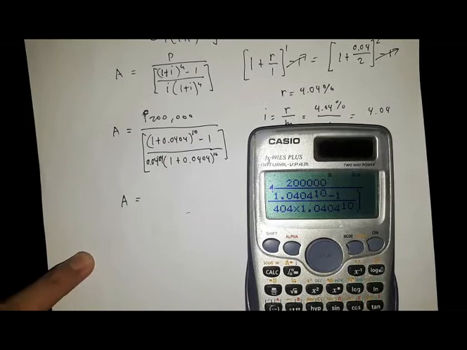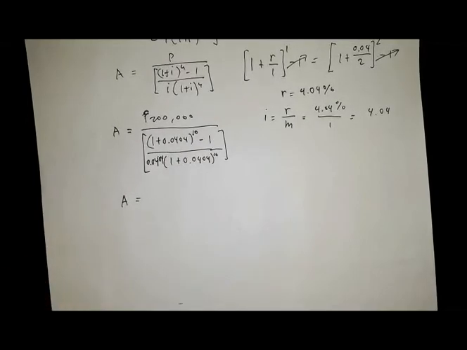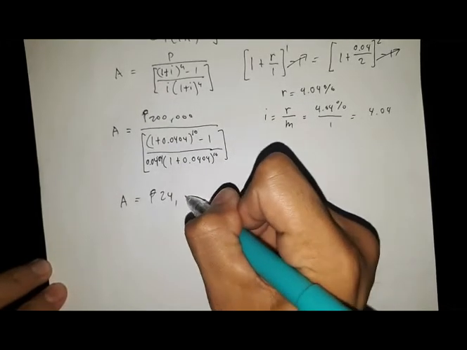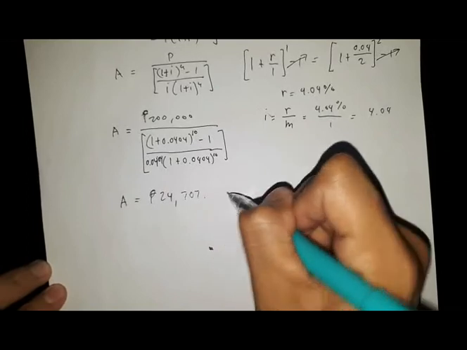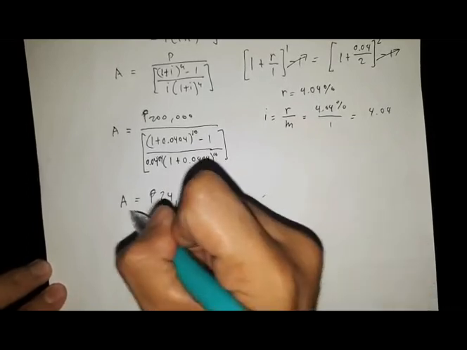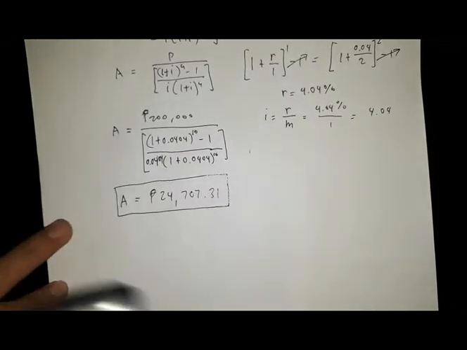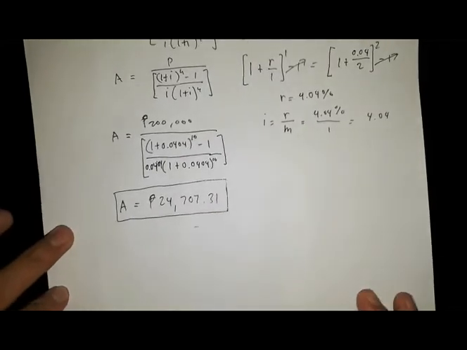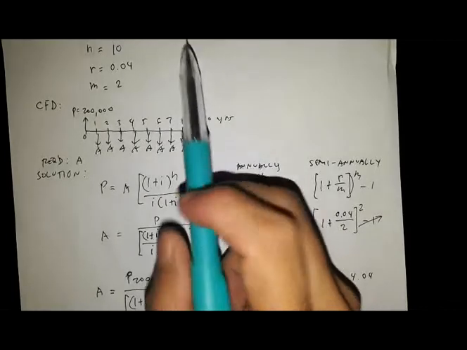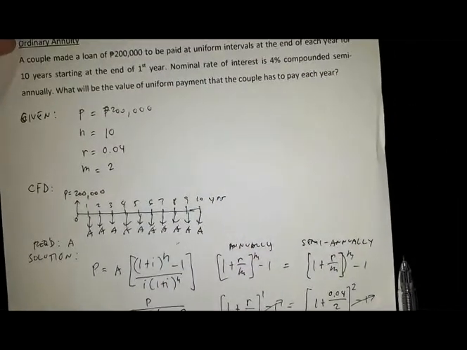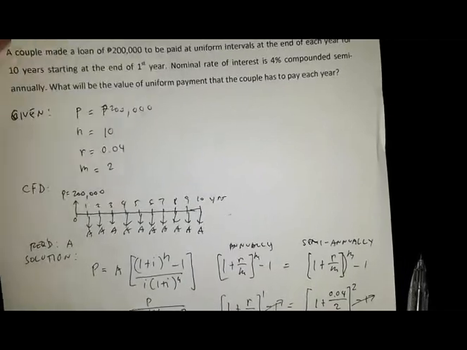So we have an annuity of 24,707.31 pesos. So this answers the value of the uniform payment that the couple has to pay each year.